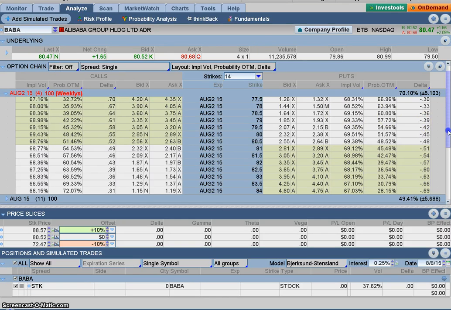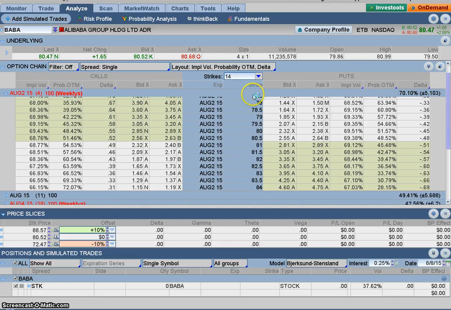That would take us to 75 on the downside and 85 on the upside. That 10-point range represents a 1 standard deviation move based on the implied volatility. So 68% of the time this stock will stay within a 10-point range, 5 on either side.